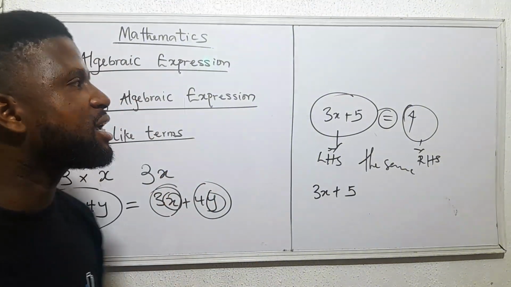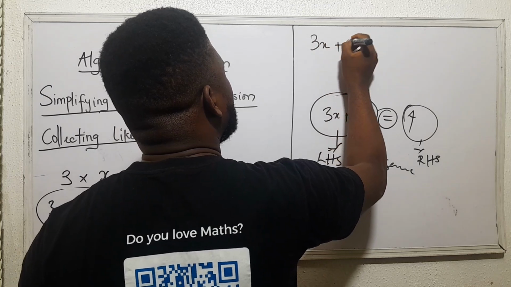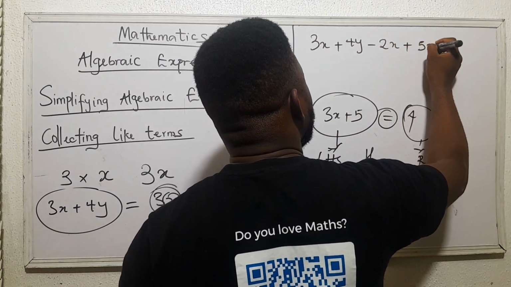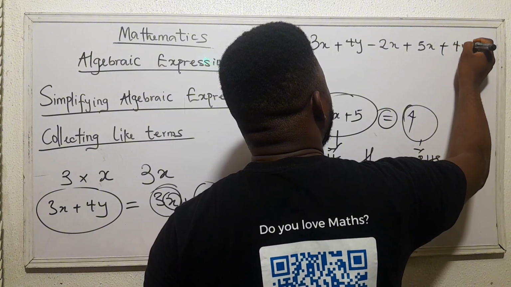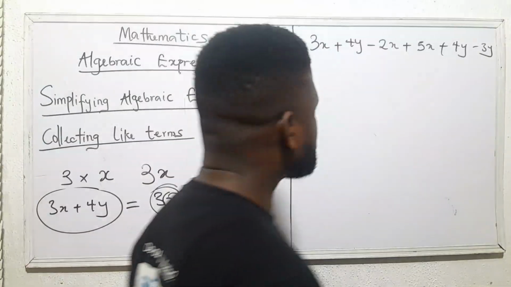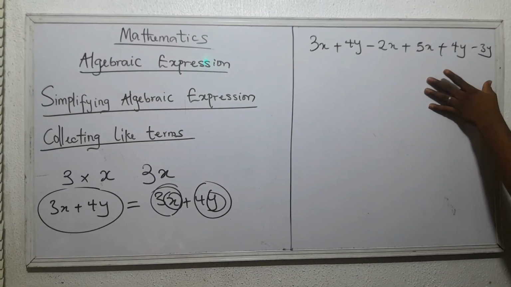variable. So if you are given an expression like this, for example, say 3x plus 4y minus 2x plus 5x plus 4y minus 3y, right? First, you will note that these are all algebraic expressions.